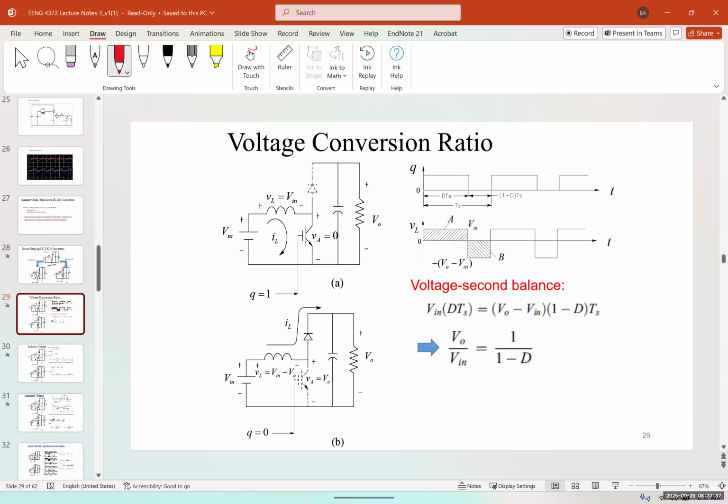Here, V out over Vin is 1 over 1 minus D. In other words, Vin is equal to (1 minus D) times V out, or V out is equal to Vin over 1 minus D. And D is our duty ratio.